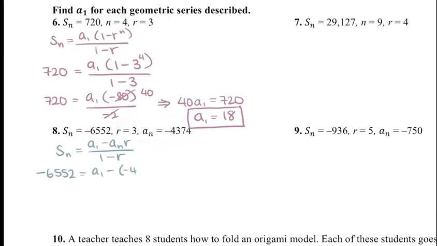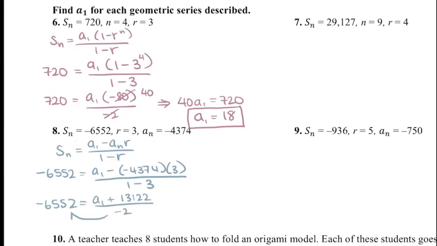And be careful with those negatives. All right, so let's simplify that. I get negative 6,552 is equal to a sub 1 plus, since negative times a negative will give me positive, multiply 4,374 times 3, I get 13,122 over negative 2. And I'm going to multiply that to go on the other side.